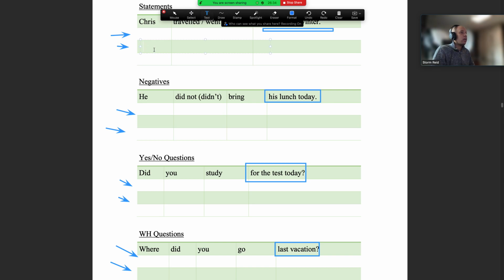So again, we can write here, Tom finished his essay last night. Okay, so we got the word essay. Finish is a regular verb, ed, finished. Okay, negative, again, guys, keep it simple, whatever you want to write. But what did we say?